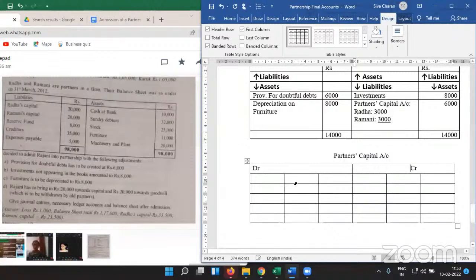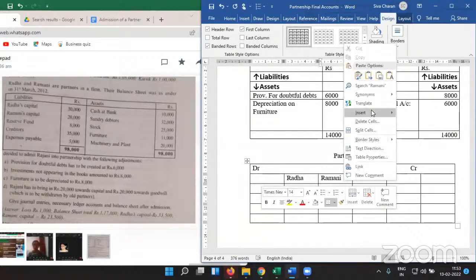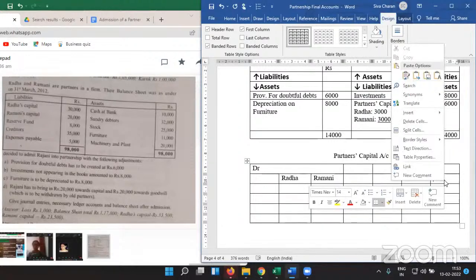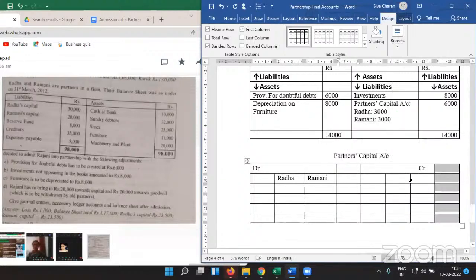So first column is Radha, then Ramani. No, we need to open for Rajani also. Radha, Ramani, Rajani. Right?